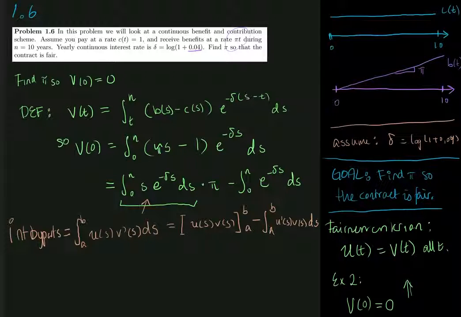You can let u of s be equal to s and v prime of s be equal to e to the minus delta s.